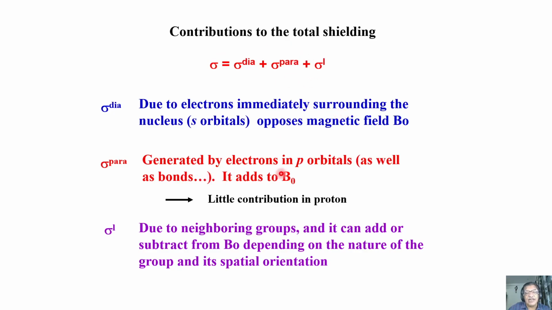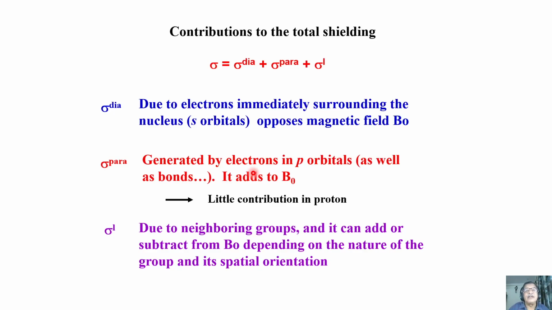Paramagnetic contribution is generally by p orbitals and other types of bonds. It adds to B naught. Remember, the diamagnetic contribution opposes the field. This adds to the field. And as far as the proton is concerned, this has little contribution, whereas for X nuclei, this has a large contribution. What do I mean by X nuclei?